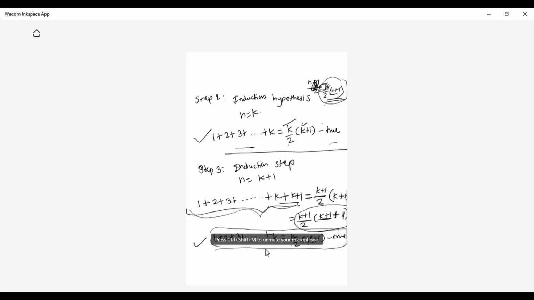So up to k, you have to substitute this equation, plus k plus 1 you will have. Whatever answer you are getting, that is the same answer you have to show with the RHS. I mean, whatever answer you're getting, that is equal to the RHS that you need to show. So we will move to the next step.